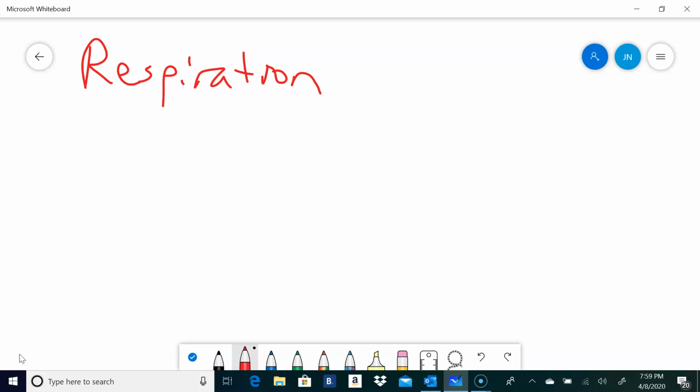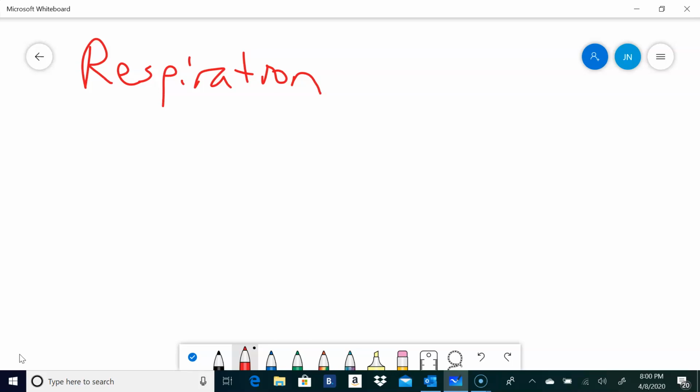Things move with the gradient from high to low concentration. So oxygen's coming in. That means there's more oxygen on the outside than there is on the inside. It's moving from high to low concentration, high to low pressure. Partial pressure of oxygen on the outside of the body is higher than the partial pressure of oxygen inside, so it wants to come in, and the opposite is true for carbon dioxide.